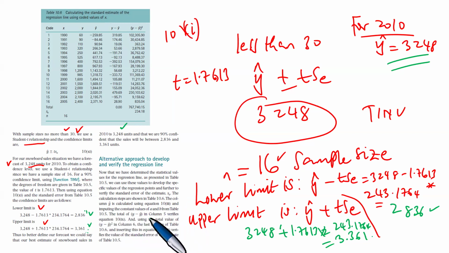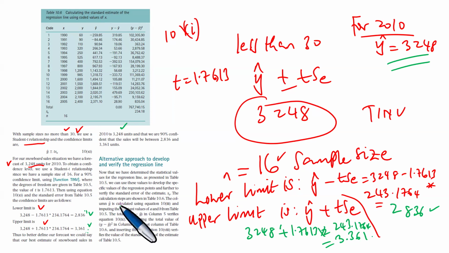The total of Y minus Y hat in column 5 verifies that. And using the total value of Y minus Y hat squared in column 6, the last column of table 10.6, we shall look at that table and analyze it together. Inserting these in equation 10, the 8th Roman figure, verifies the value of the standard error of the estimate of table 10.5.